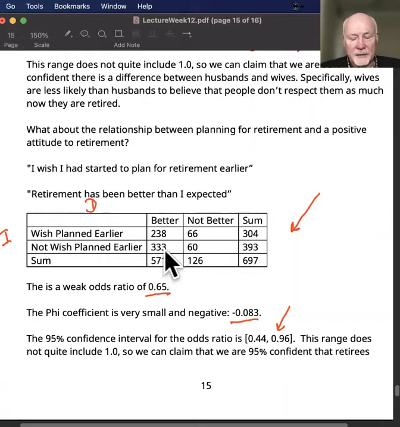Okay, so you've got a proportion of people here that wish they'd planned earlier, so that's 238 divided by 304, and a proportion who don't wish that, 333 divided by 393. So you can do differences of proportions and confidence intervals for those.